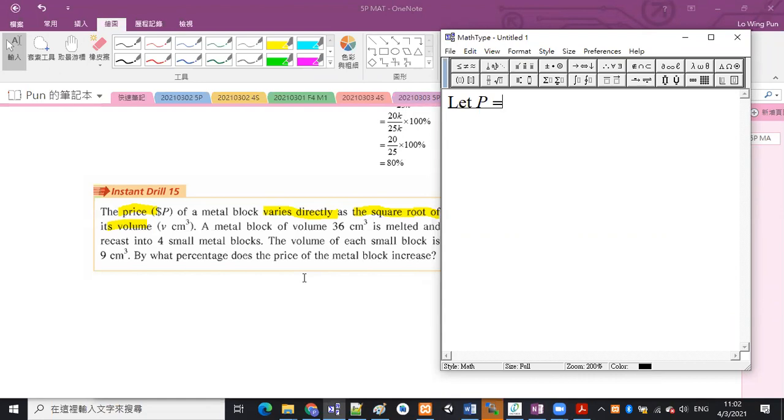So for the first sentence, we have to let P be the subject, and there is only one unknown here, and it is not the type of partly this, partly that. So it is just one k.